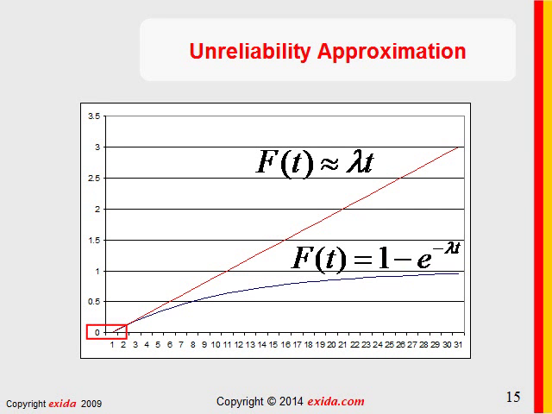You can look at, in fact, the approximation versus the real function, and you can see that the approximation is actually somewhat pessimistic, but at a very low level, especially when the probability of failure is less than 0.1, the approximation is relatively accurate.